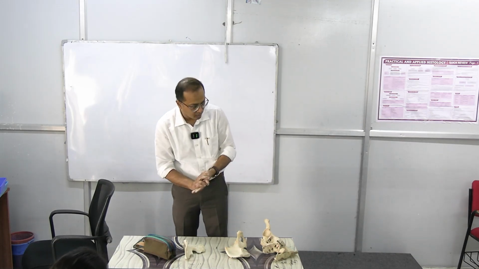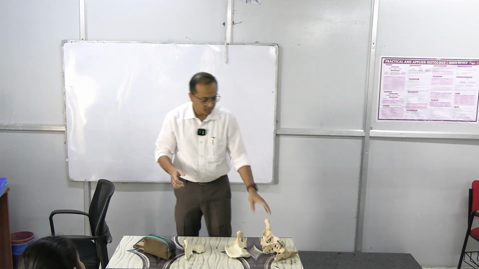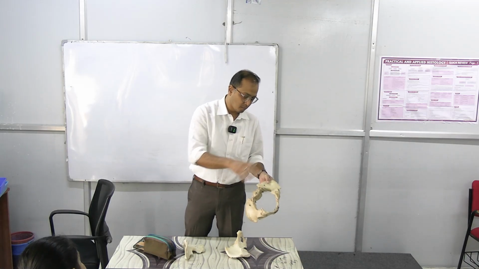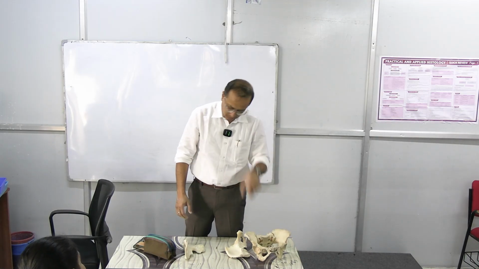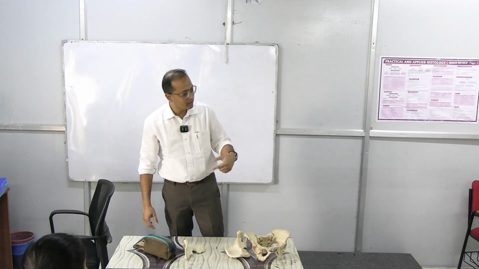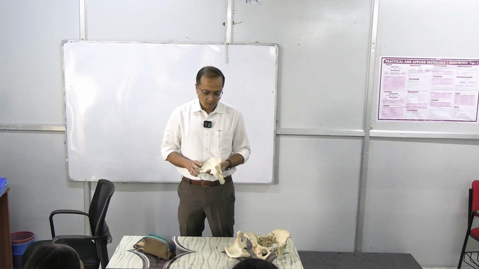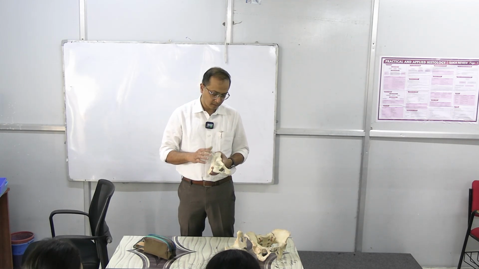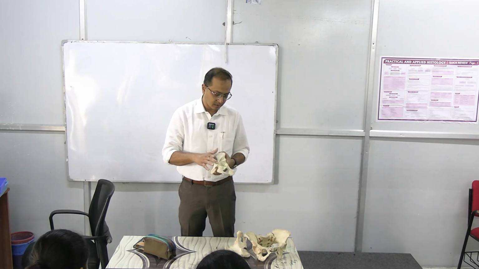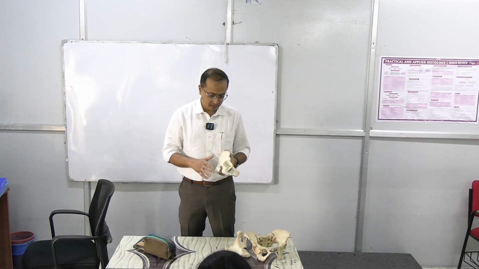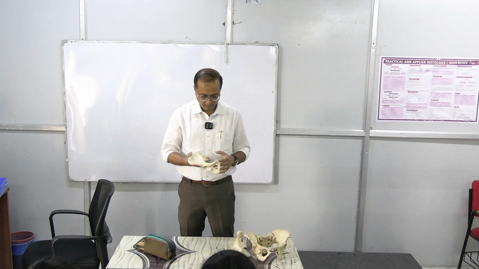So there is the greater sciatic foramen and the lesser sciatic foramen in living conditions. In bony cadavers or bony specimens we get only the notches. So this is about the general features of the ilium, ischium and pubis, along with the acetabulum and the foramen present as the obturator foramen.